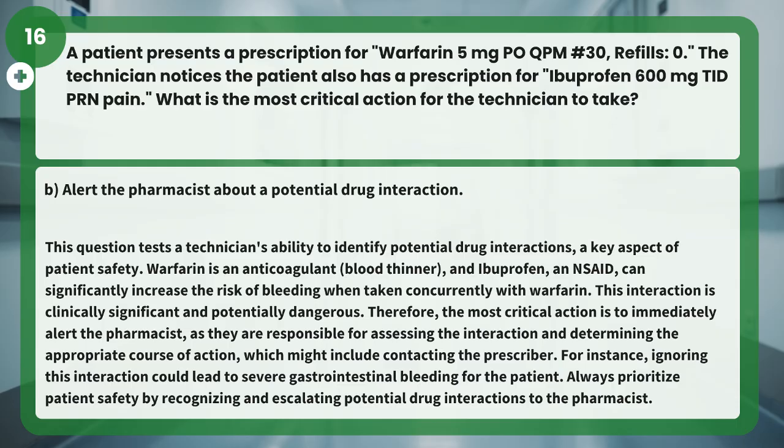Therefore, the most critical action is to immediately alert the pharmacist, as they are responsible for assessing the interaction and determining the appropriate course of action, which might include contacting the prescriber. For instance, ignoring this interaction could lead to severe gastrointestinal bleeding for the patient. Always prioritize patient safety by recognizing and escalating potential drug interactions to the pharmacist.